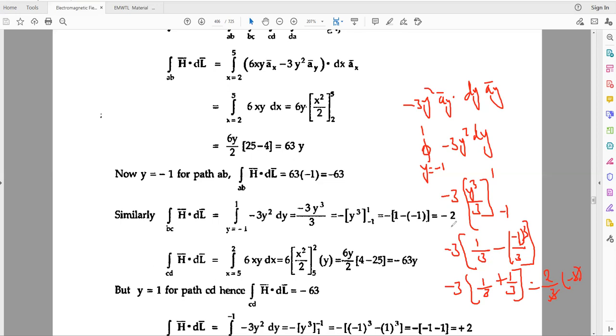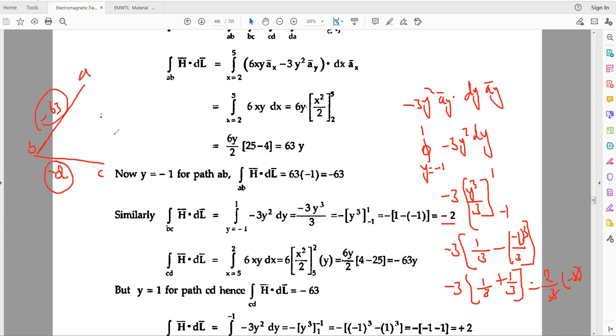The 3 gets cancelled and we get minus 2. So for A to B we got the value 63, and for B to C we got the value minus 2.